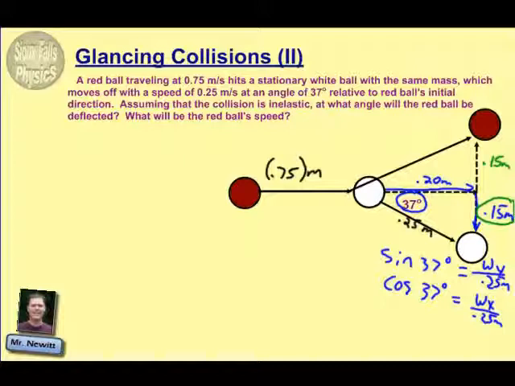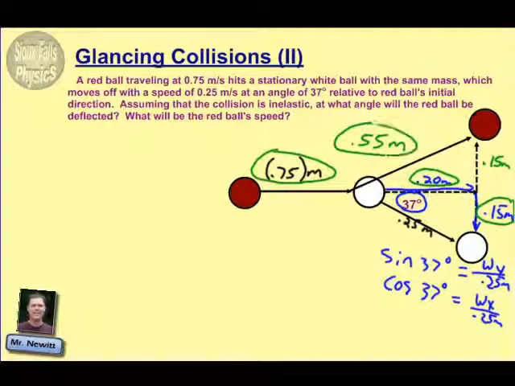The second thing that we must consider is that we had 0.75 times m of horizontal momentum from the red ball initially. We've used 0.20 m of that already for the white ball. That means that there has to be 0.55 times m momentum left over for the red ball in the horizontal direction.